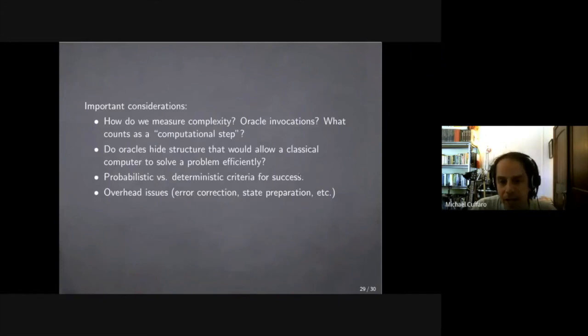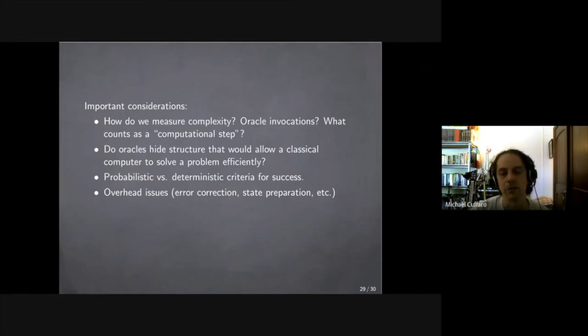Probabilistic and deterministic computation have different criteria for success. So even probability 1 in probabilistic computation isn't necessarily going to be good enough in a deterministic algorithm, because you always have your epsilon. And then there's overhead issues.